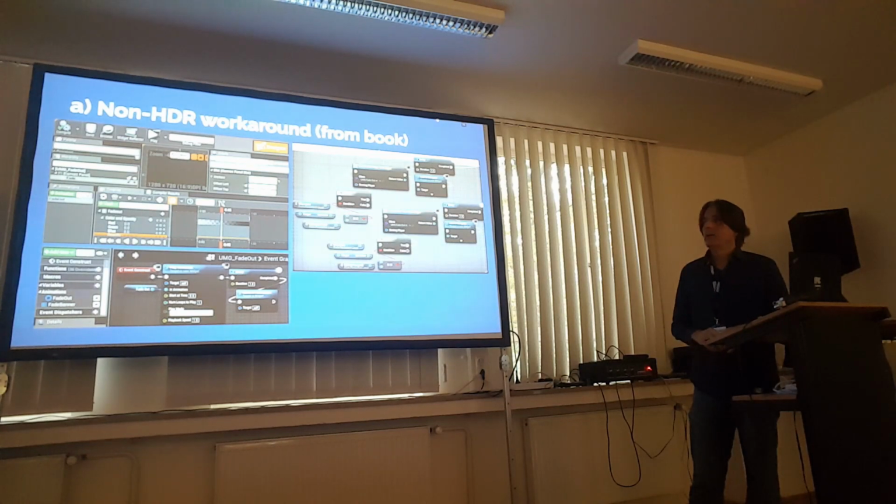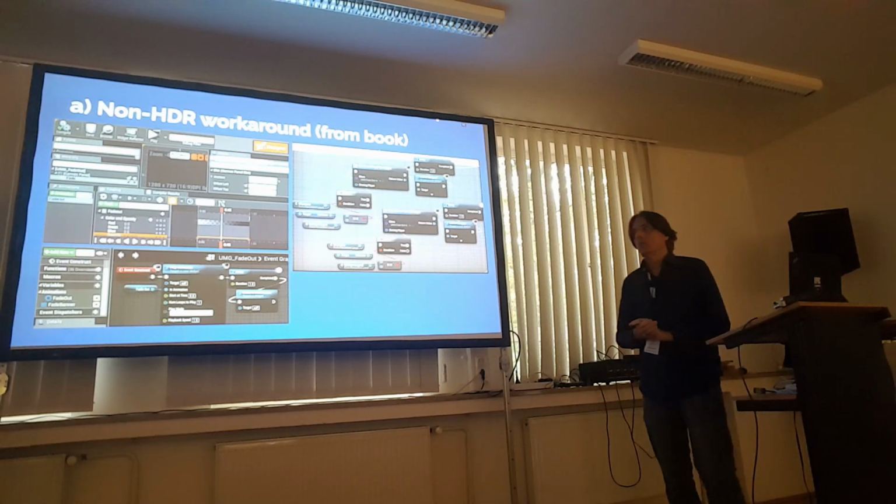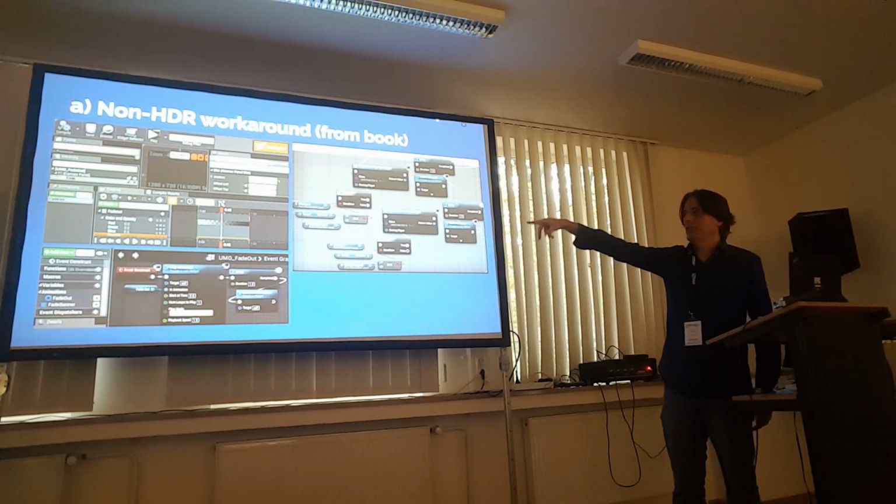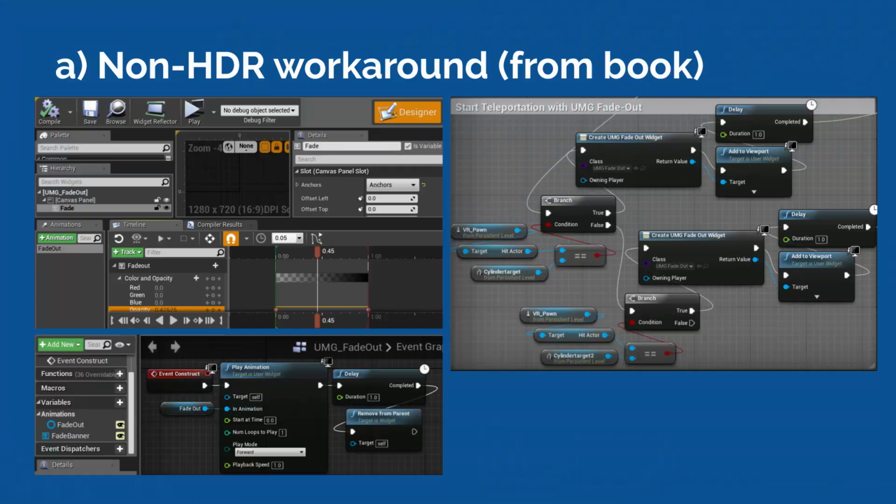So in my book, I do this workaround, and here I use the UMG widget. I add a track to the canvas and do an animation on the opacity.